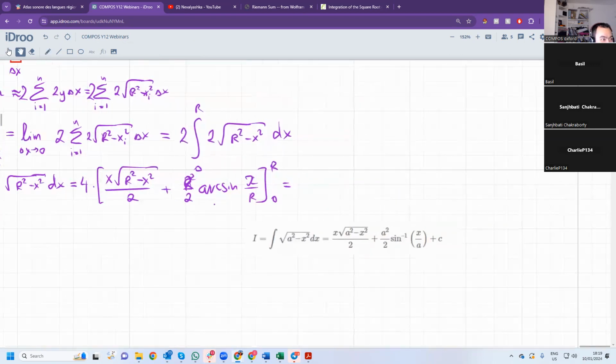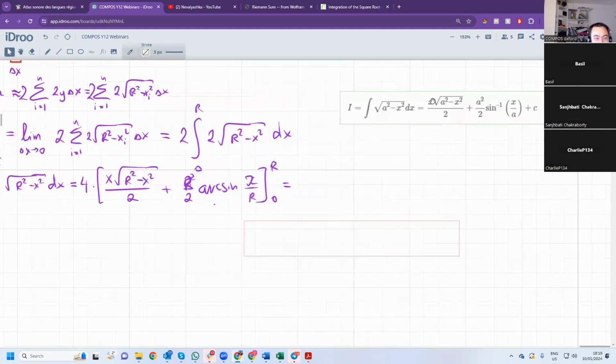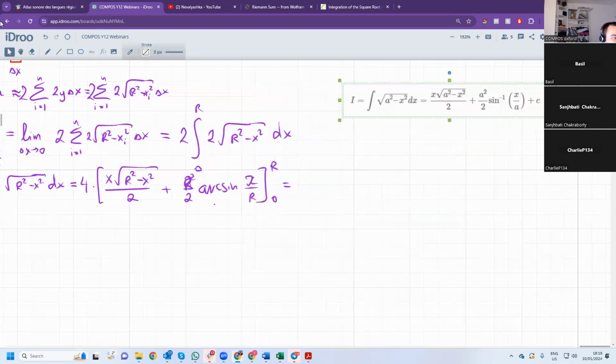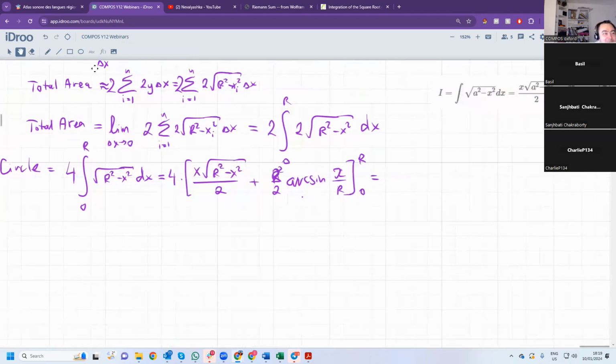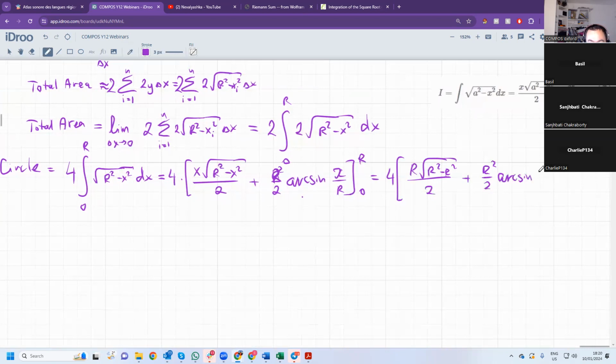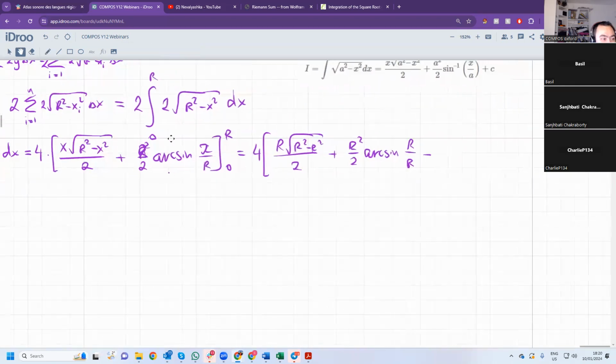Now, hopefully, if I haven't messed anything up, we'll see something almost magical happening. We substitute r: it's 4 times r square root of r squared minus r squared, divided by 2, plus r squared over 2 arc sine of r over r, minus, now we substitute 0.